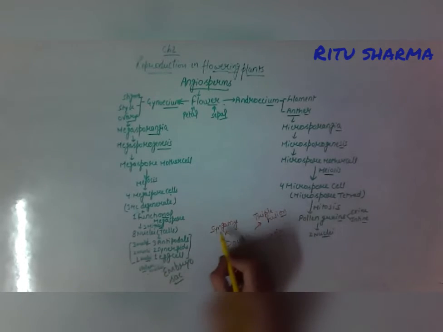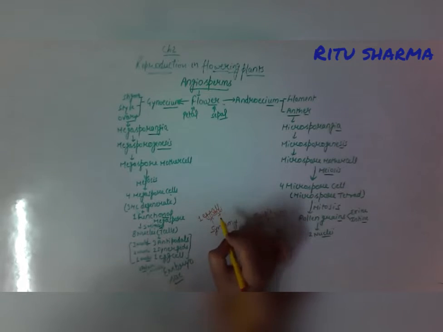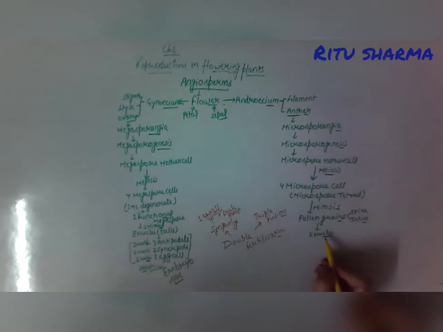Syn means fusion of, gamy means gametes; fusion of gametes is known as syngamy. So here is the fusion of one egg cell, or egg cell nucleus, with one male gamete nucleus that comes from the pollen grain.